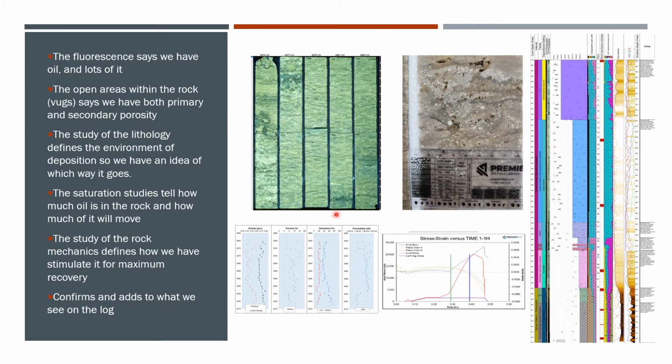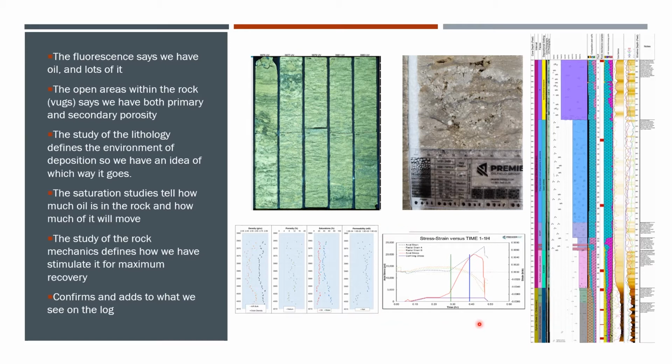The saturation studies that we did are here, and we can talk about them later, but what they effectively told us was that there's a high amount of movable oil here, and we'll explain how much later.